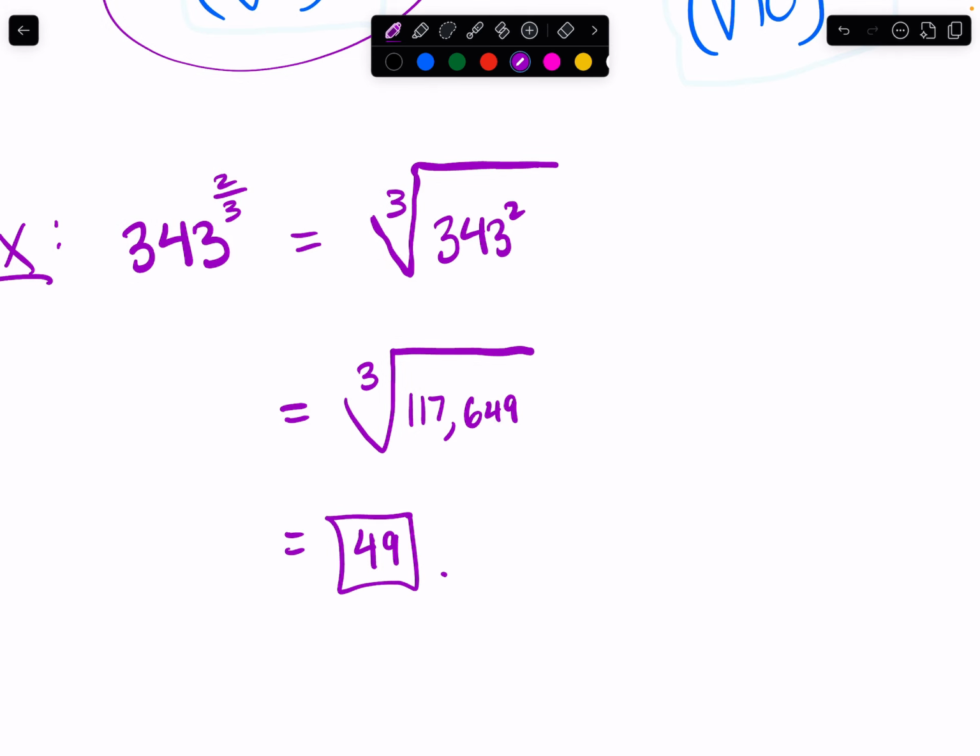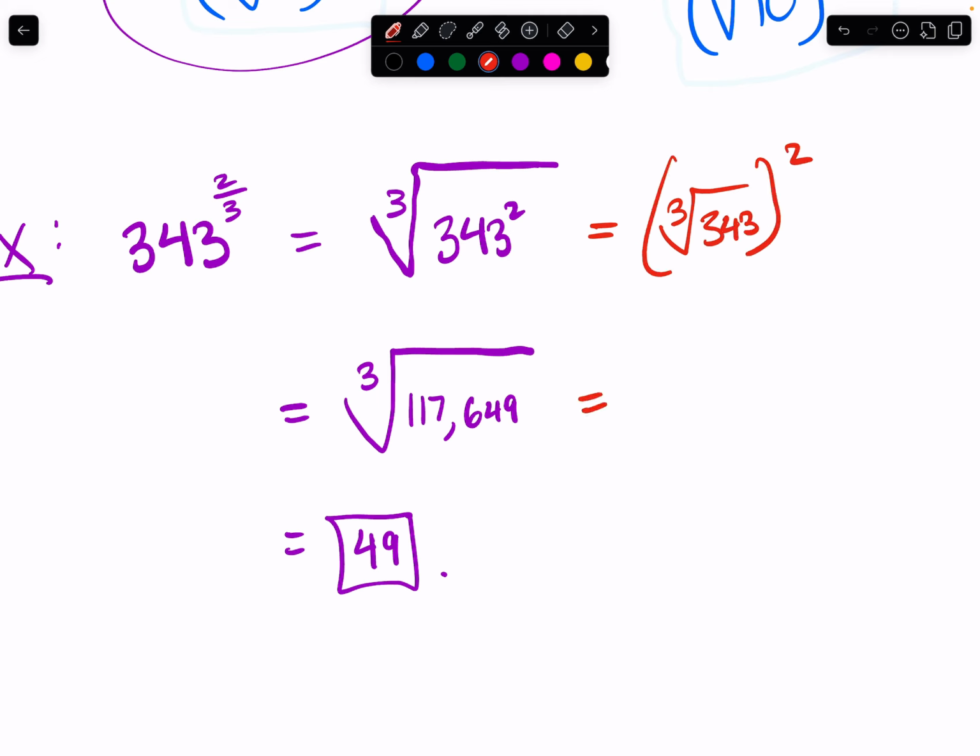If you write it the other way, if you're able to recognize that, well, I eventually need to raise 343 to the power of 2, and I need to cube root, and if you understand properties of exponents and you know you can do this in either order, this becomes a very quick mental math problem that you don't need a calculator for, because then you can write it as the cubed root of 343, squared.